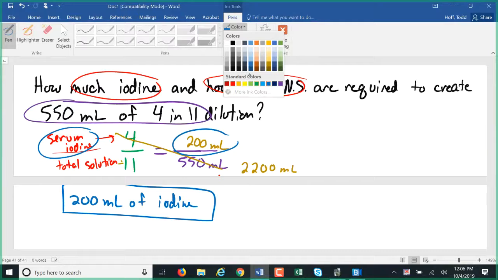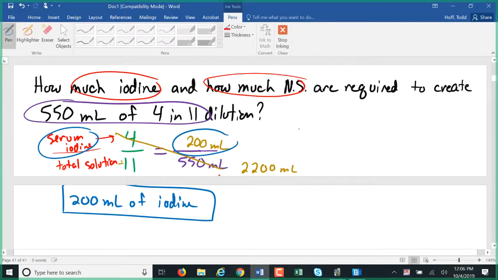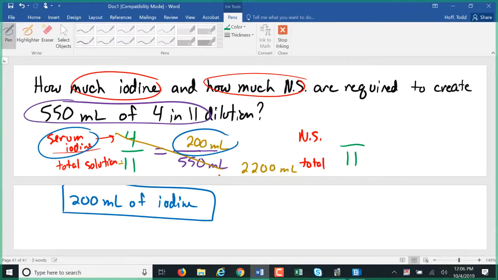But I'm going to use that ratio of saline to total solution. There's still 11 total parts here. How many parts of them are saline? 7. 4 out of 11 are serum. The other 7 out of the 11, saline.